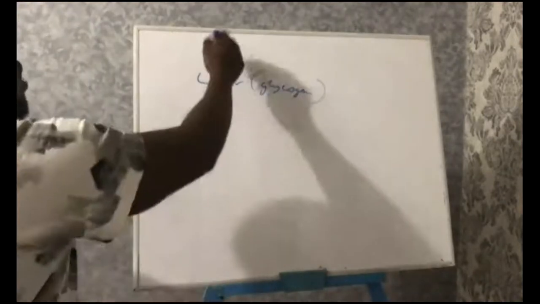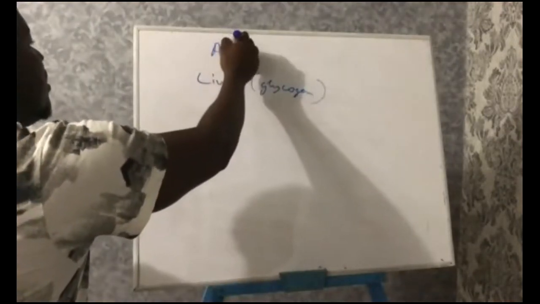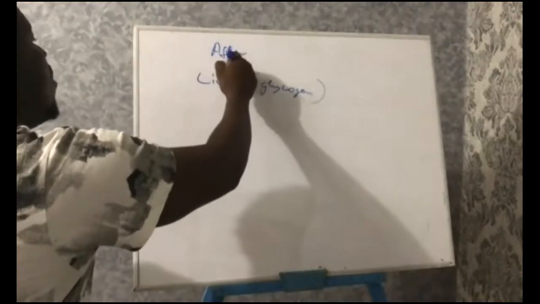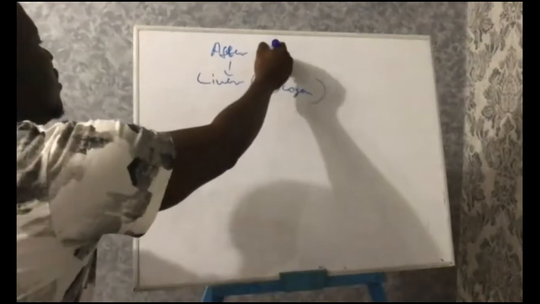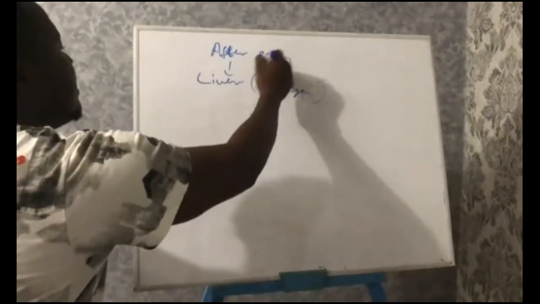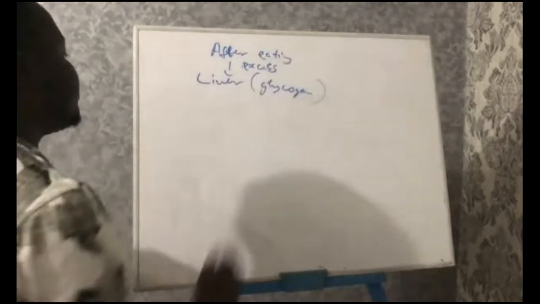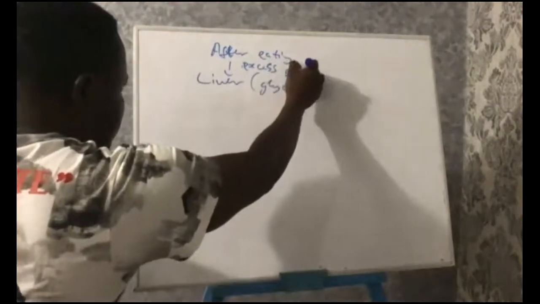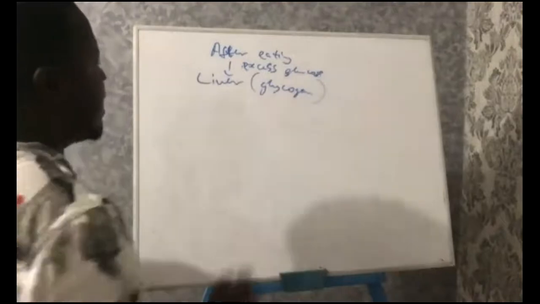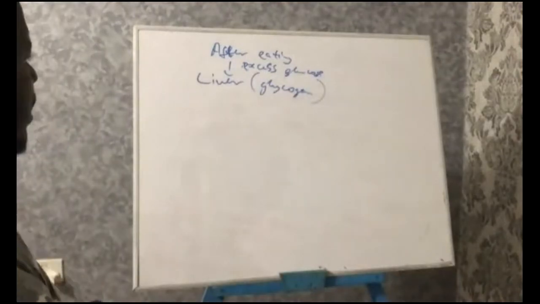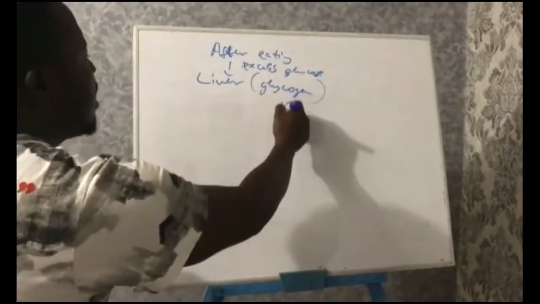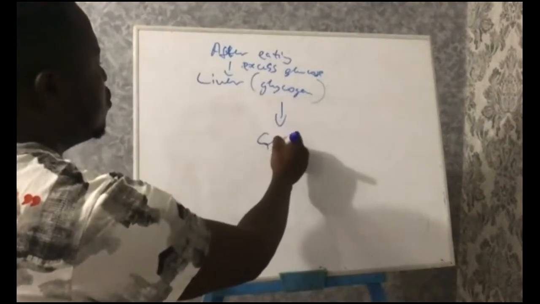So after eating, the excess glucose is stored as glycogen. Then when you are not eating for a few hours, this glycogen can break down back into what? Glucose.